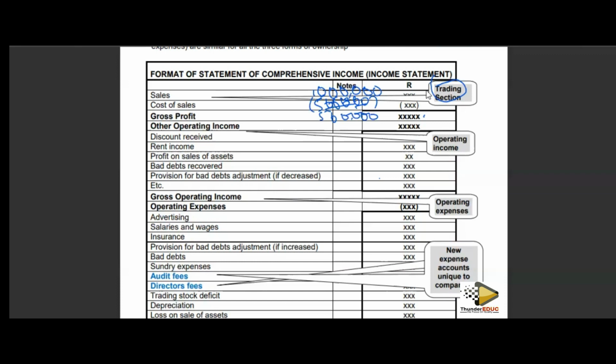There is a word "other". Other means that we are looking at some other income which the business can receive, but not from our daily business operations. Let me give you an example.